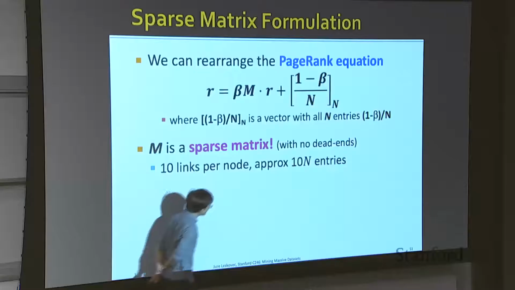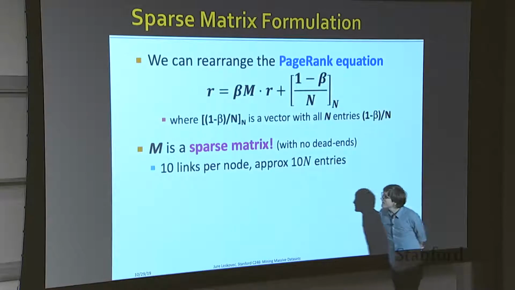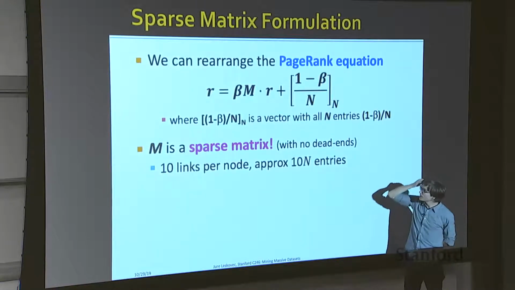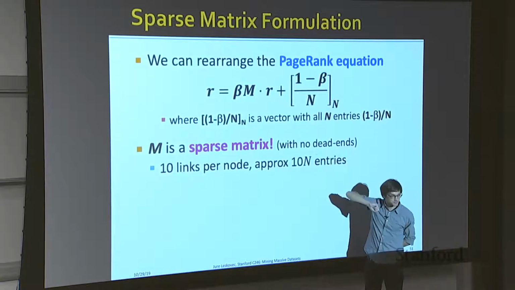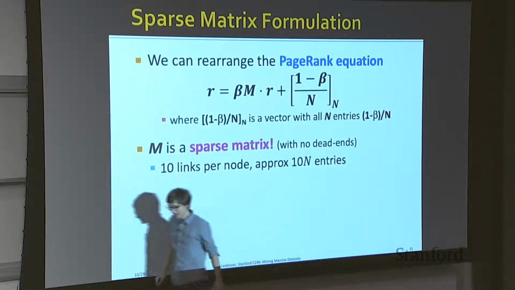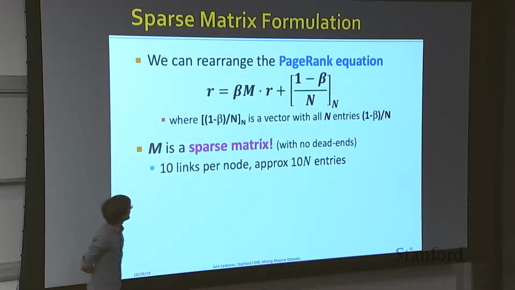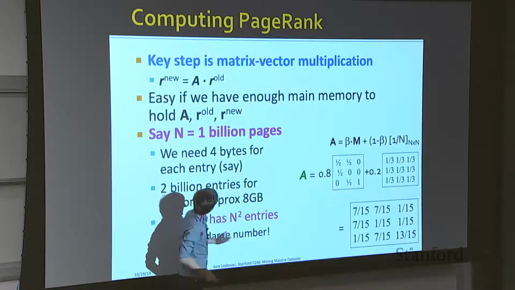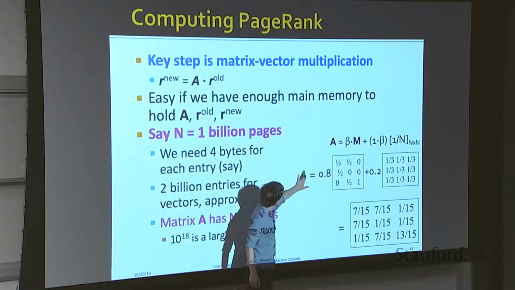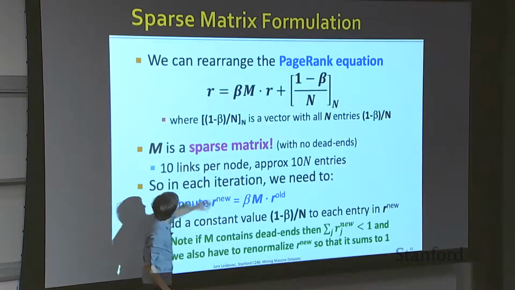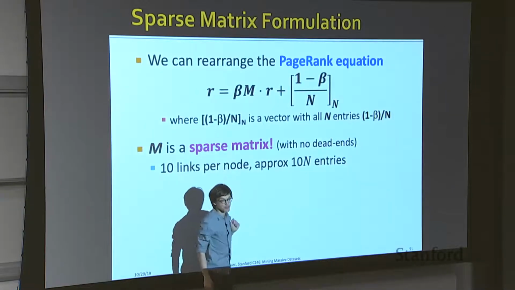Okay, so what can you do? What you can do is the following. You can rearrange your computation to look like this. Here I skipped a slide, and it will be your homework problem to show how you can rearrange R equals A times R into something of this form.